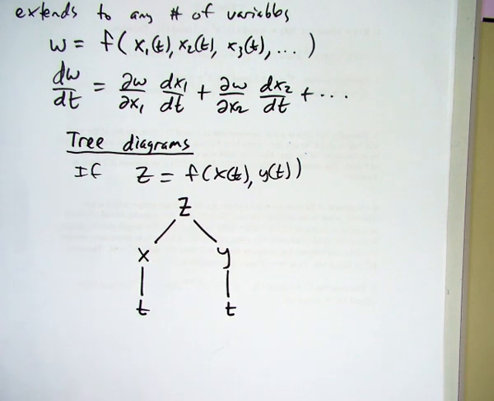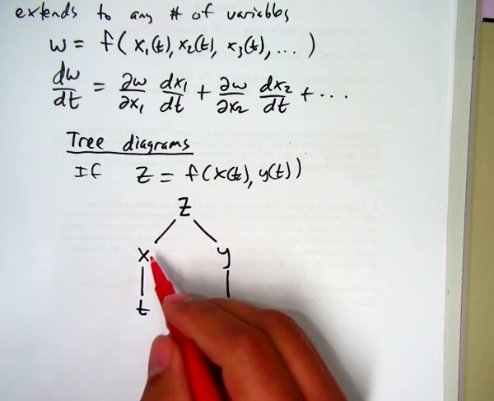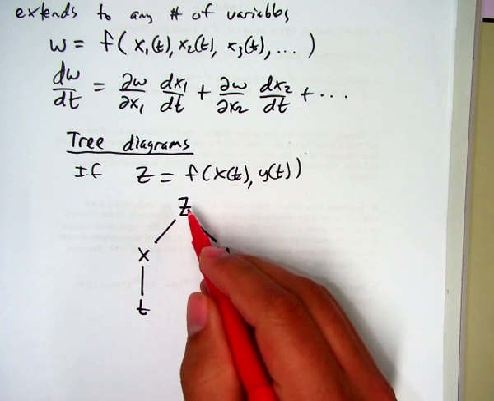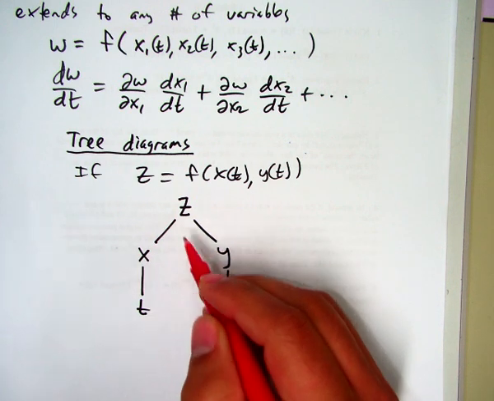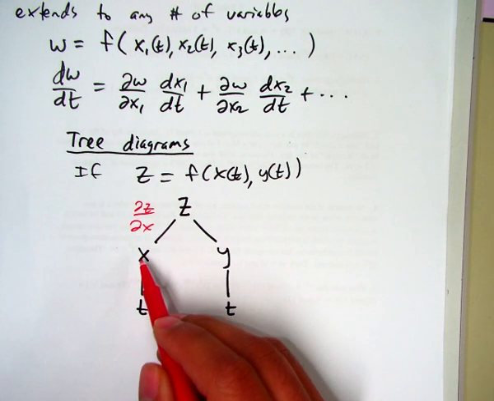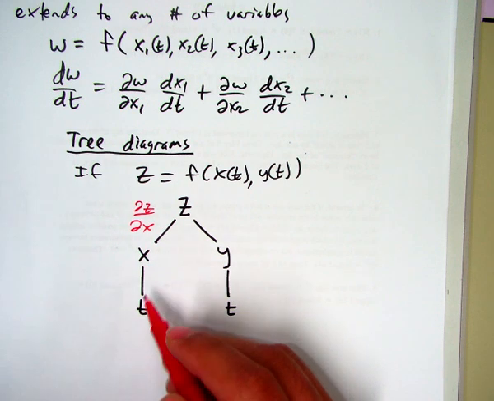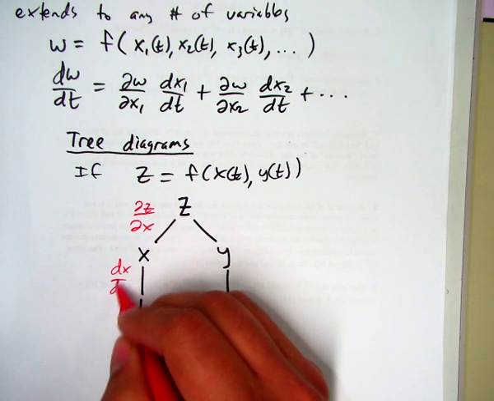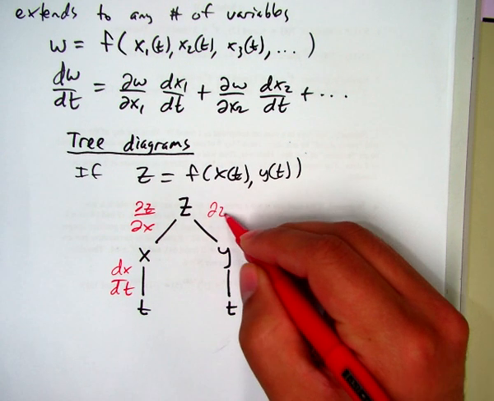And then as far as determining whether you use a partial derivative or not, it's pretty much in the tree diagram. Going from here to here, there's two variables, so to get from z to x, we'd have to do partial z, partial x. Since x is defined in terms of one variable only, then you can just do dx dt here. Similar on the other side.